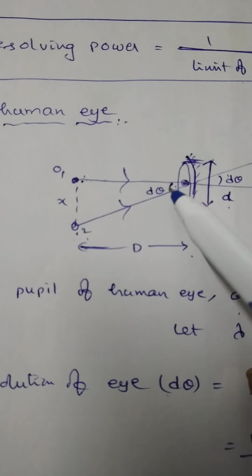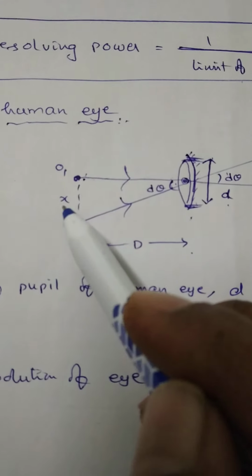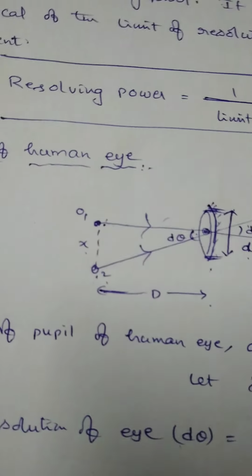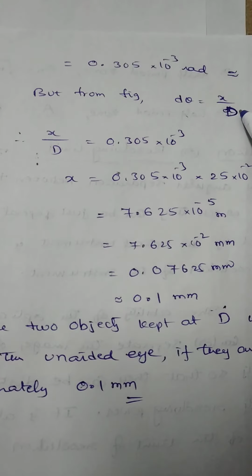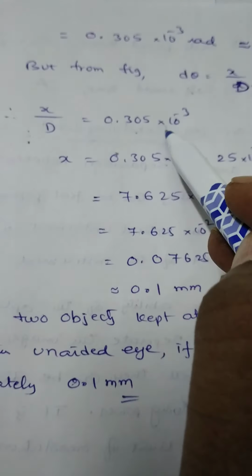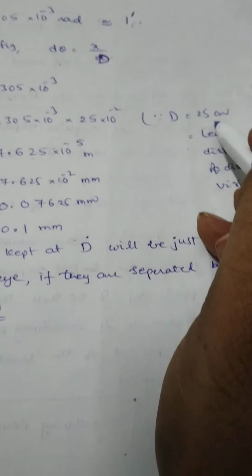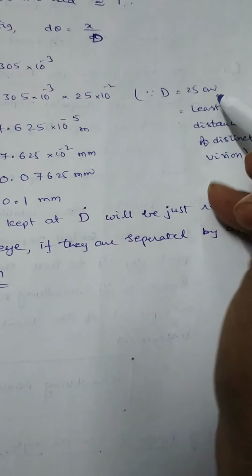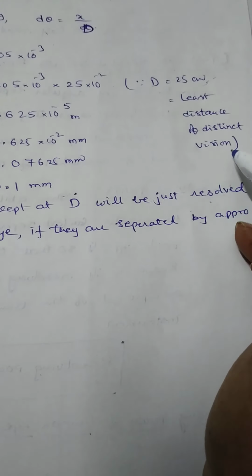So tan d theta is opposite side by adjacent side, x by capital D. Therefore, d theta is x by D, which is 0.305 into 10 power minus 3, and capital D is 25 centimeters.